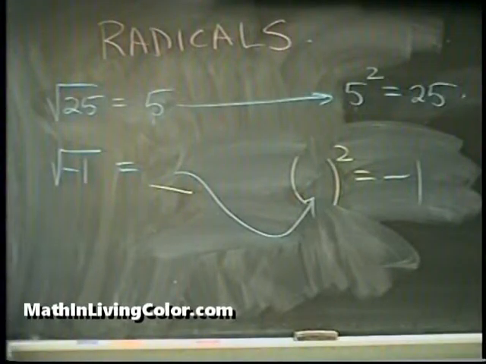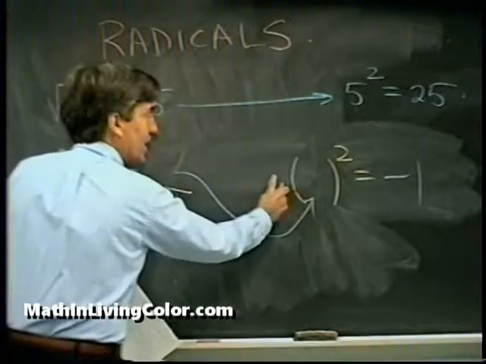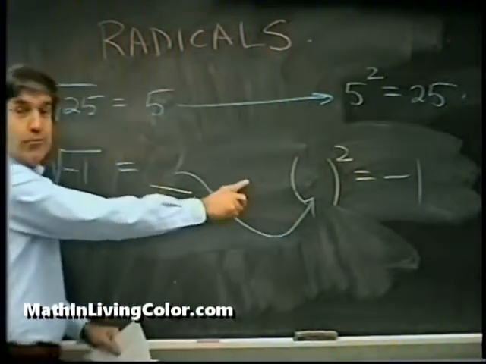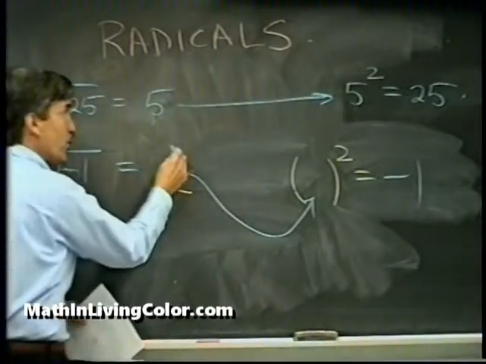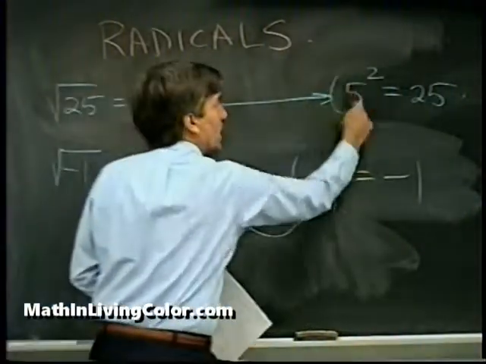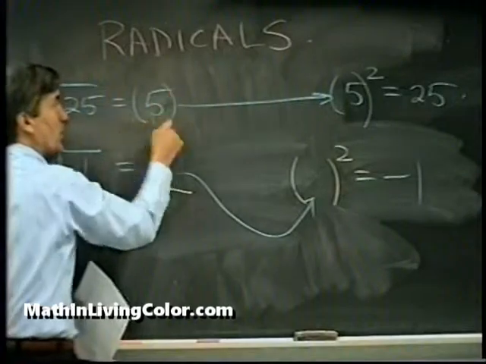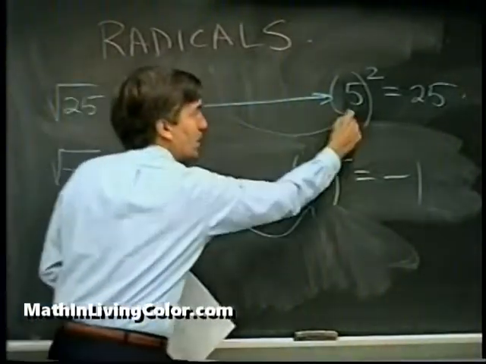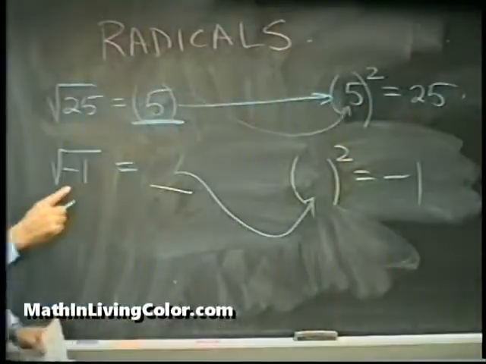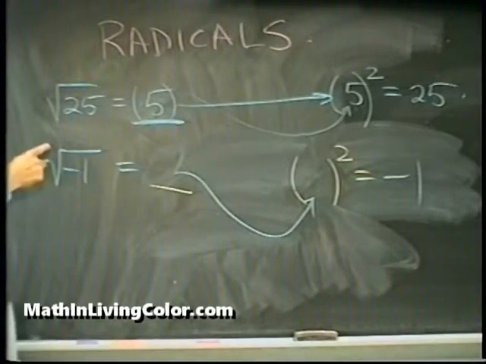What happens if you have a negative sign outside of the parentheses? Now, if you had a negative sign outside the parentheses, that would be okay. But whatever number is on this line, that's the number we have to square. You can't put a negative outside of it. That's not fair.